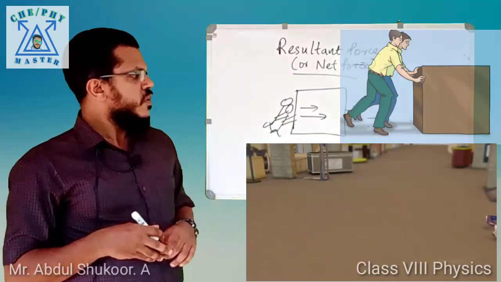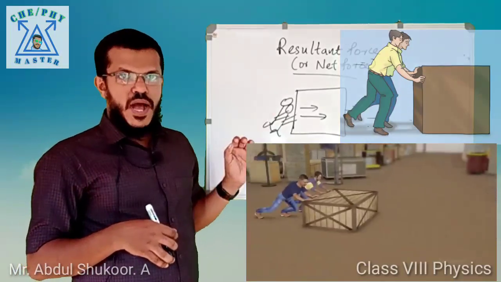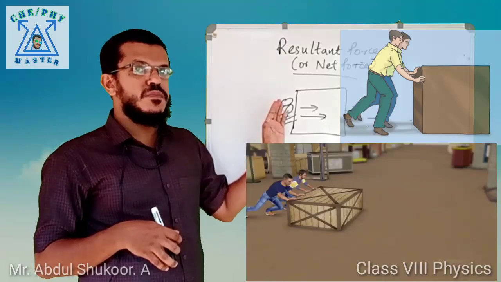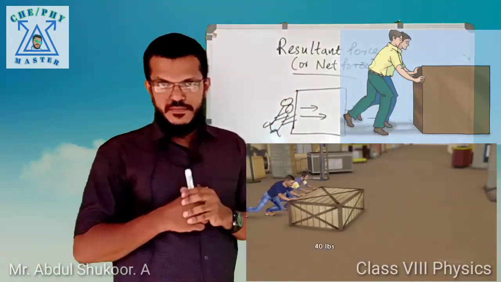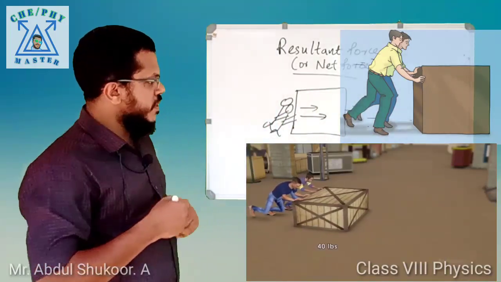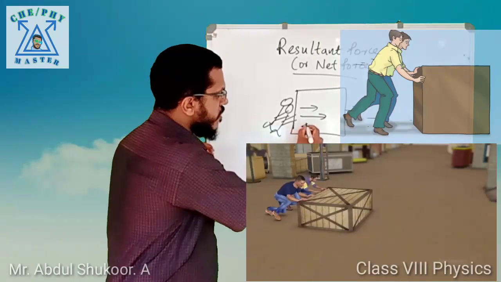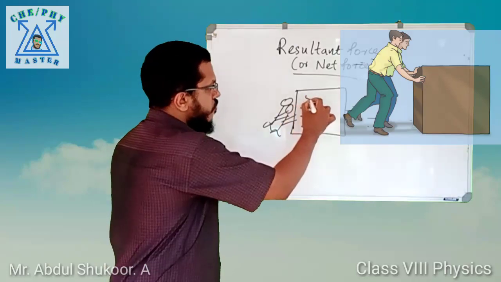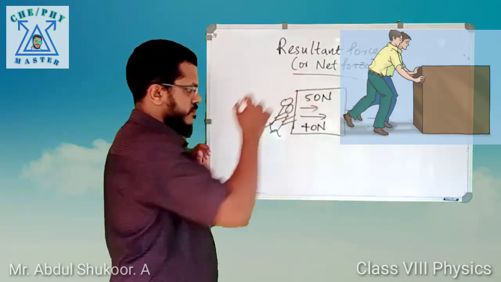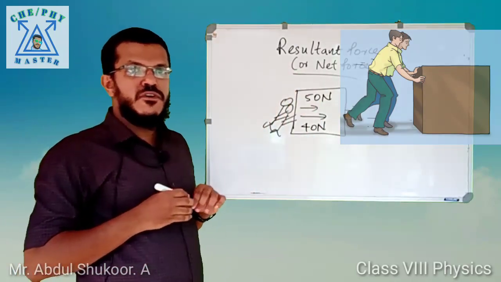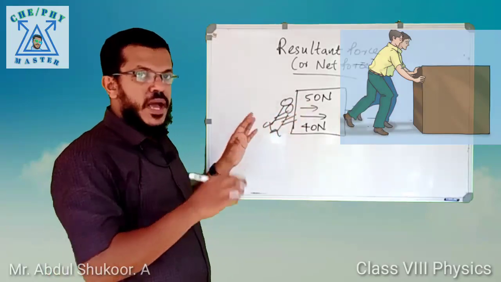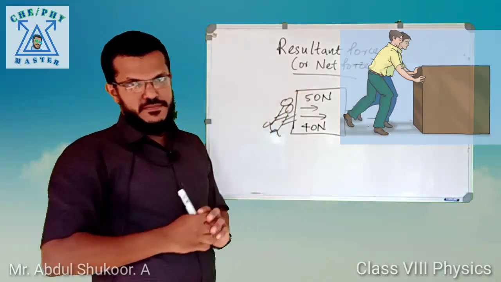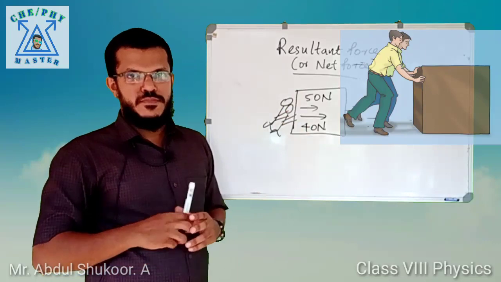Yes, here two forces are applying on the same object in the same direction. For example, you are applying 40 Newton force, and your friend is applying 50 Newton force. This 40 Newton force and 50 Newton force are applied in the same direction on the box.